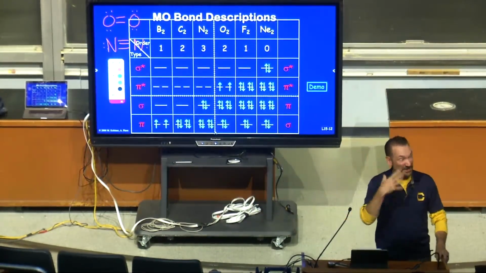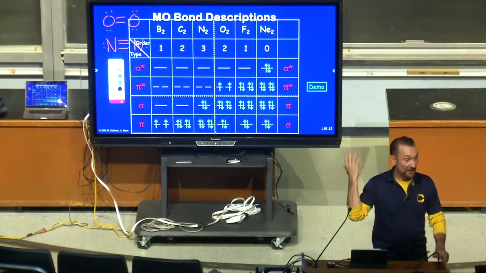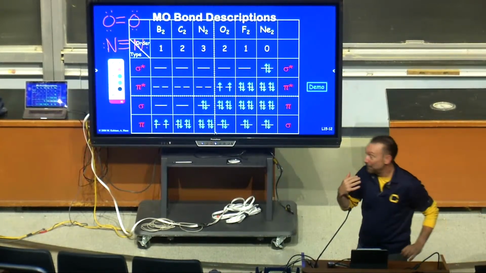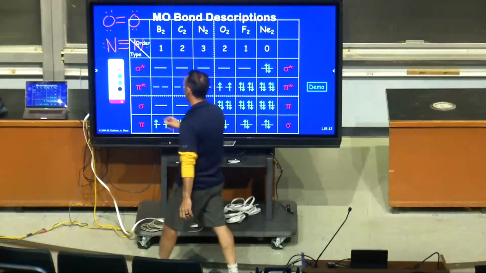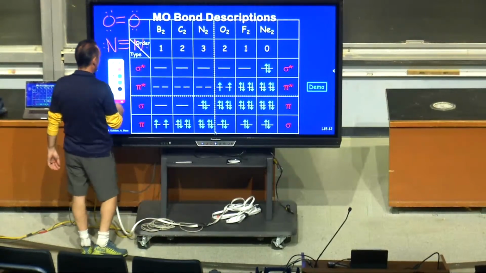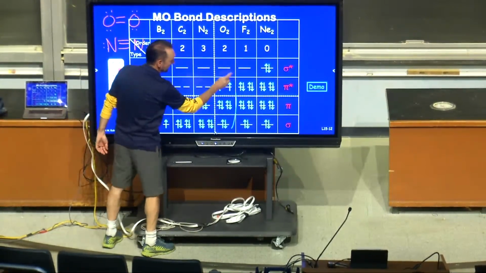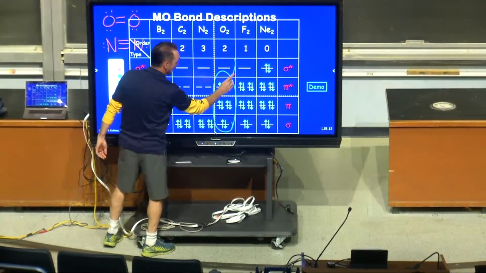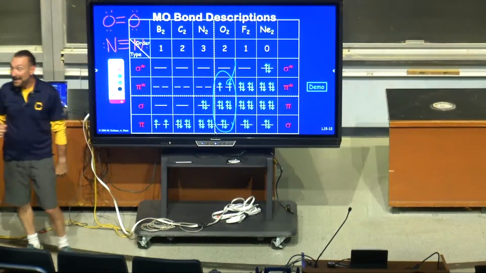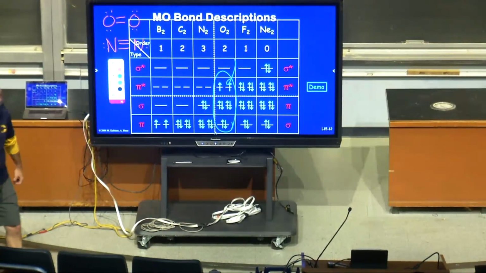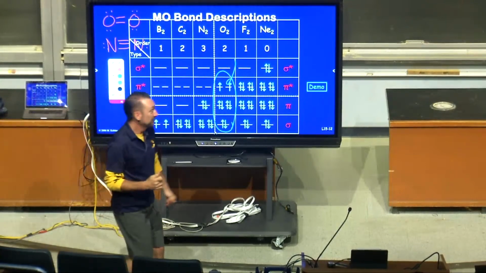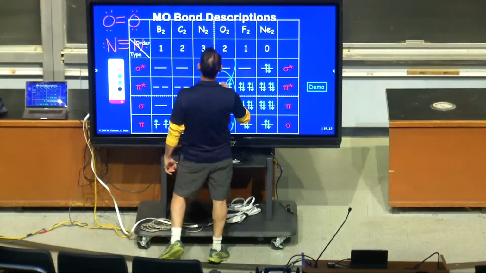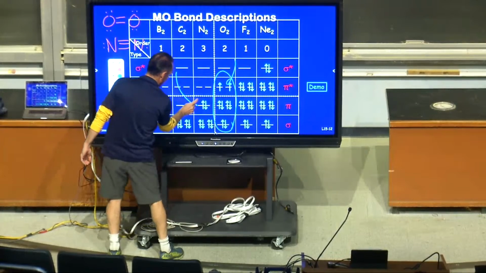If you looked at it, you would guess diamagnetic. It looks like everything's paired, doesn't it? But look at this. If you look at the molecular orbital diagram, molecular oxygen is paramagnetic. Molecular nitrogen is not.